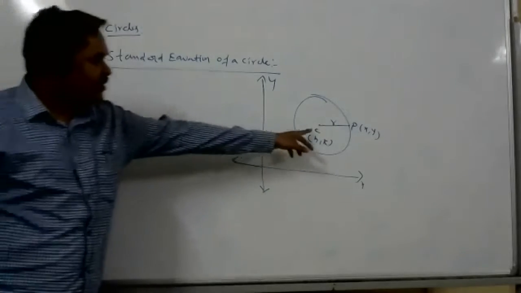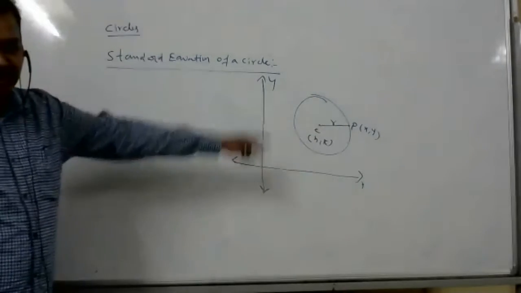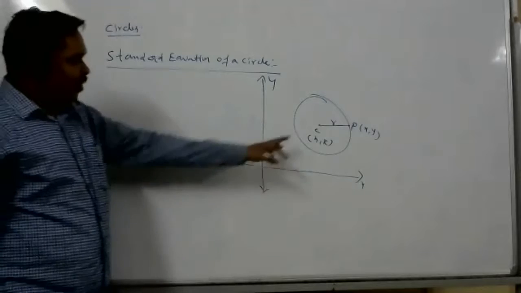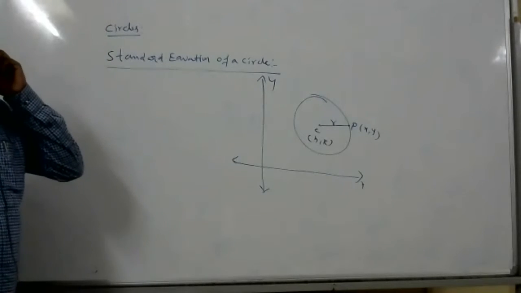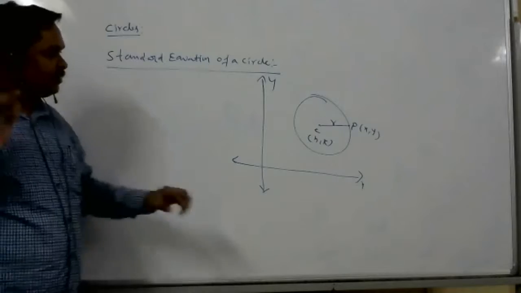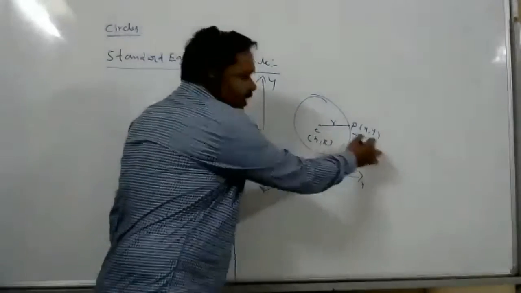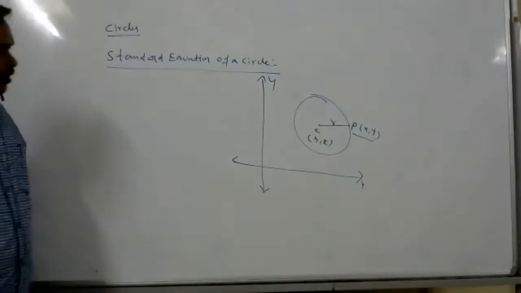Join these two points. C is the fixed point with coordinates h comma k, and P is the point with coordinates x comma y.